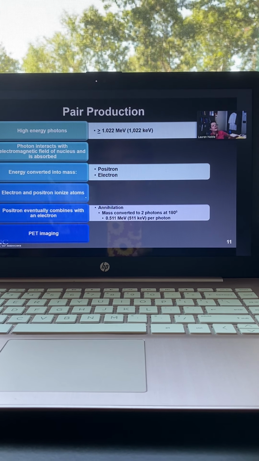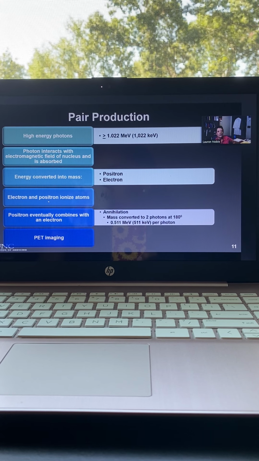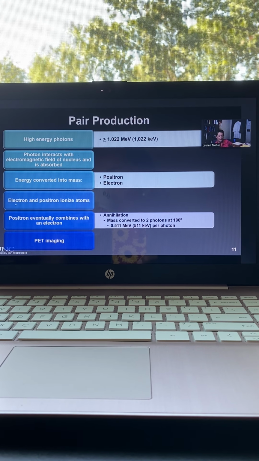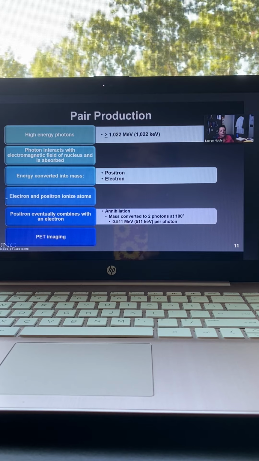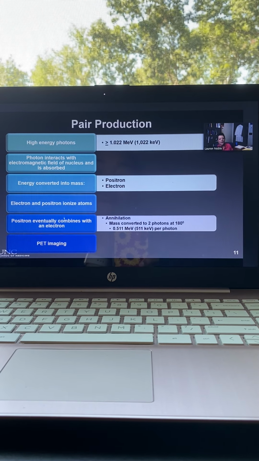The electron and the positron have so much energy that they can go on to ionize atoms. With photoelectric effect, the photoelectron can't. But the electron and the positron actually will ionize atoms.